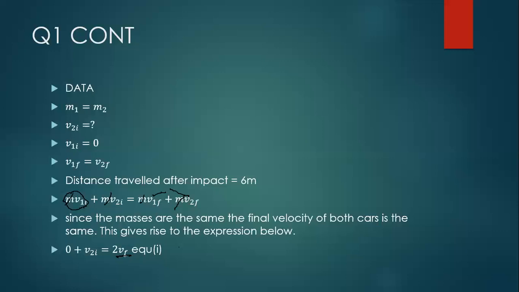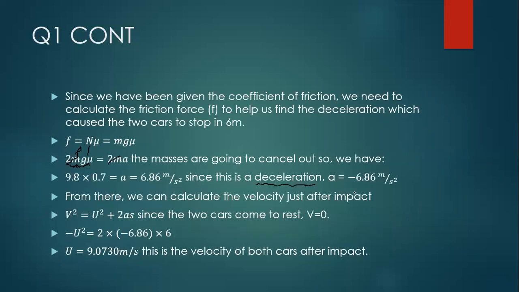Because after impact is when they applied the brakes to stop. After they collided, they applied the brakes, and when they applied the brakes, it produced a deceleration. Can we find something here?